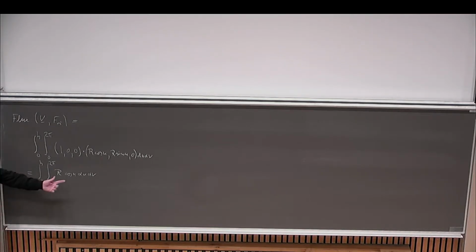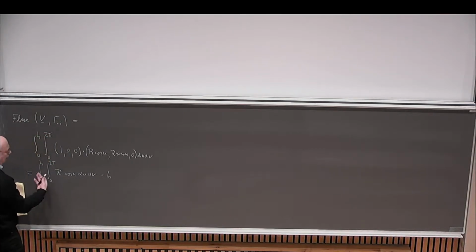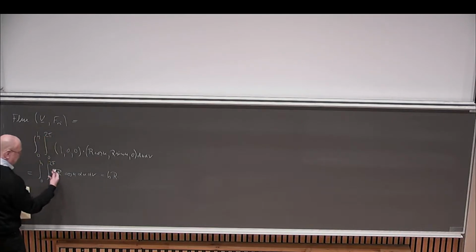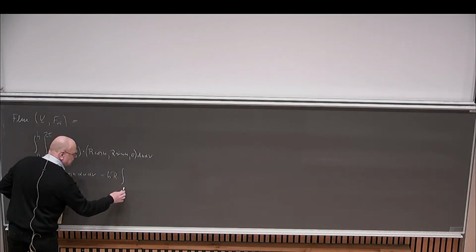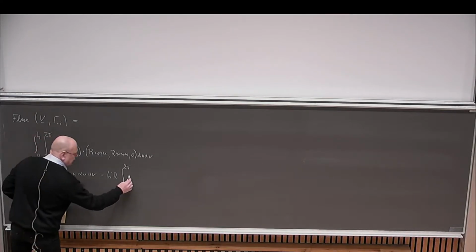And you can see that this doesn't depend on v, so you can immediately perform the v integration, and you get an h, and you can put r outside the integral sign, and then you end up with the integral.